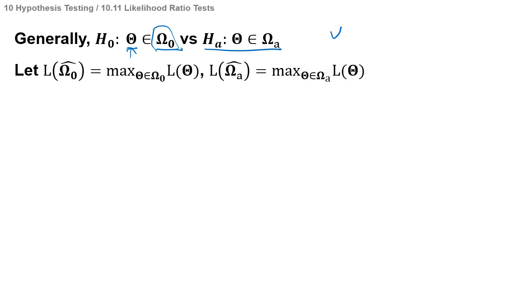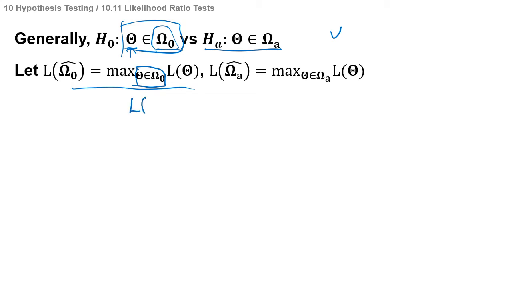And let's define the maximum value of the likelihood as this. Given this space, there is probably a theta that maximizes the likelihood.